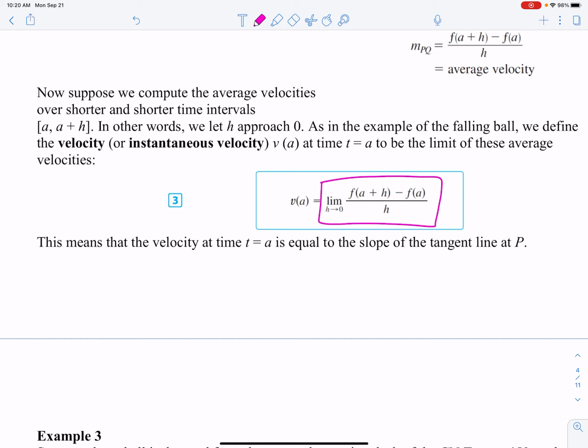That's how we're going to find those derivatives, the rates of change. This means velocity at time t equals a is equal to the slope of the tangent line at P. So when you hear derivative, you're going to think slope. That's very important. When you hear the word derivative, you think slope.